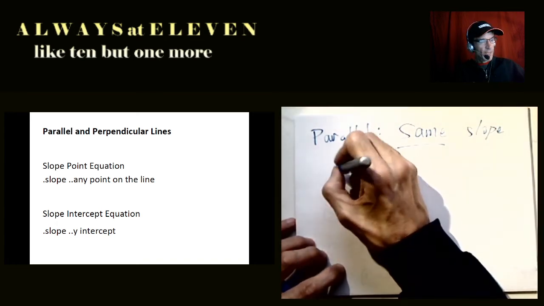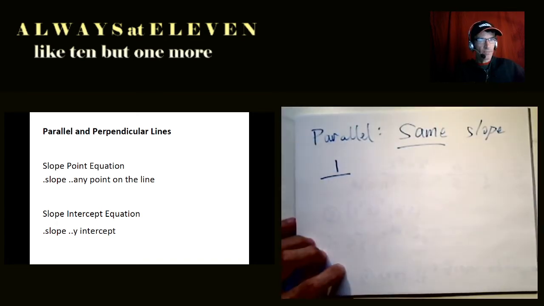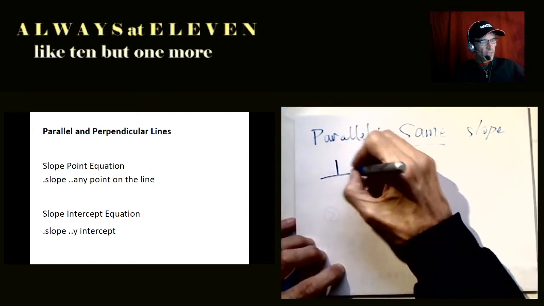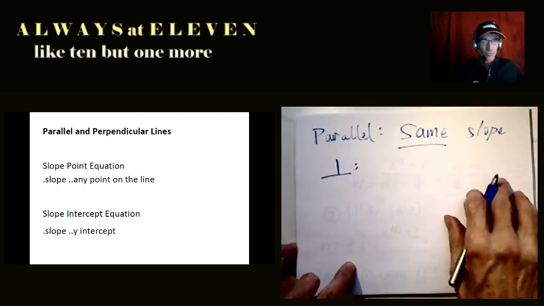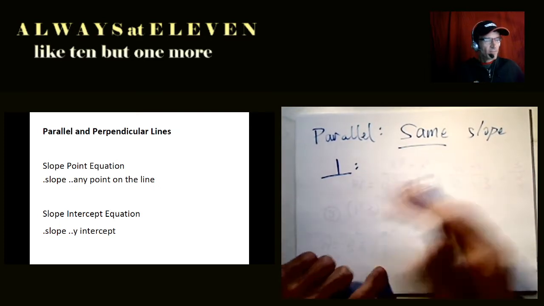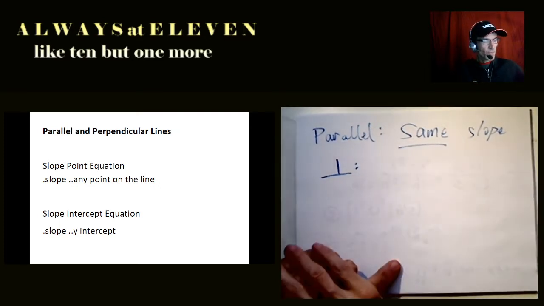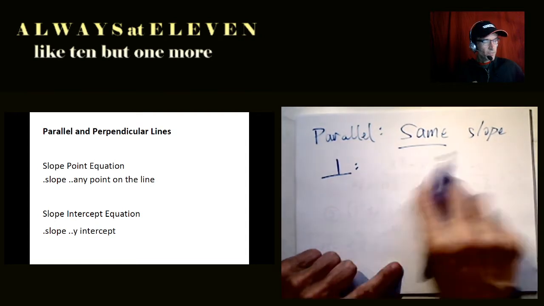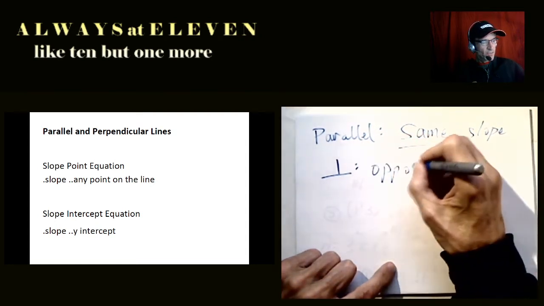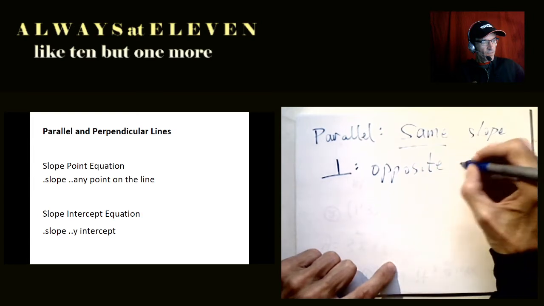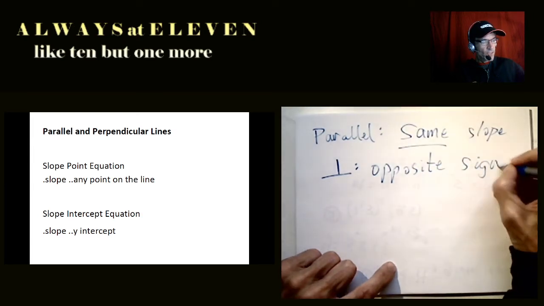And if we're creating a line that's perpendicular, and I'm going to leave you to spell it out, my excuse is real estate on the paper, but we all know it's a very long word. Perpendicular. Slopes aren't the same. What happens is there are two parts to this.